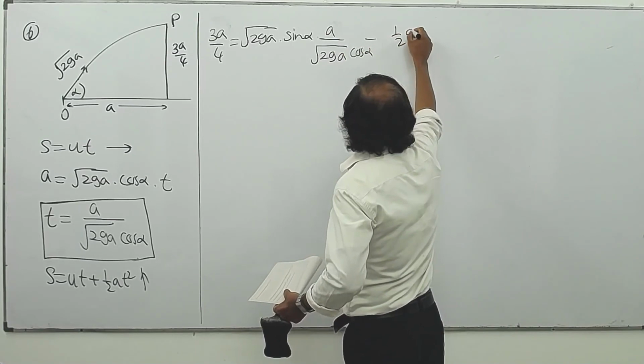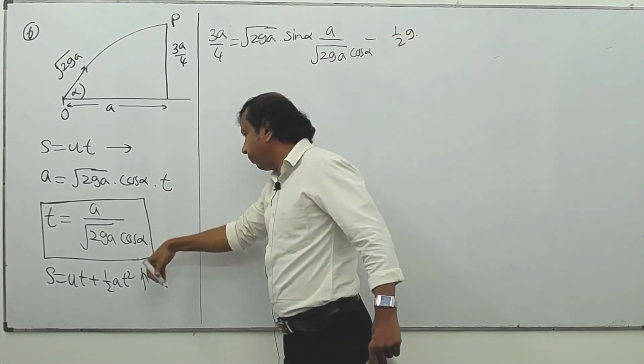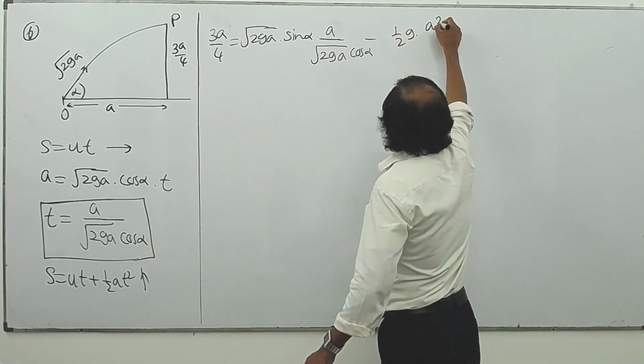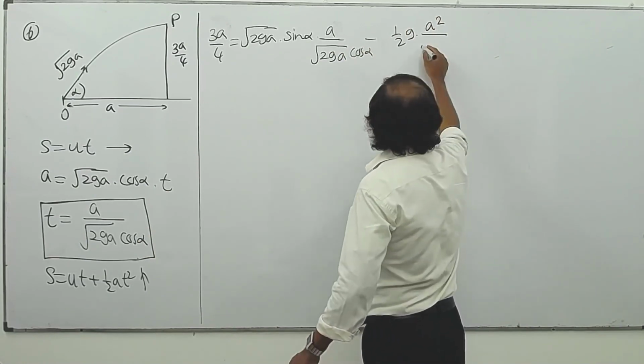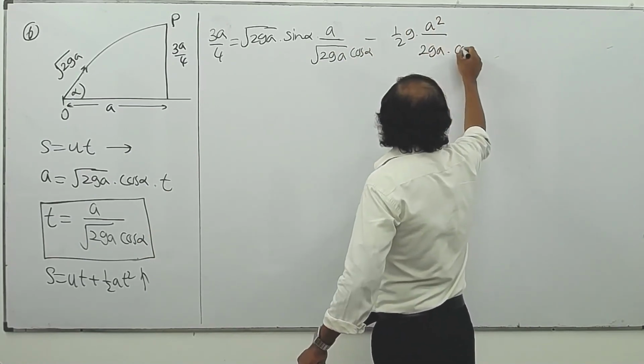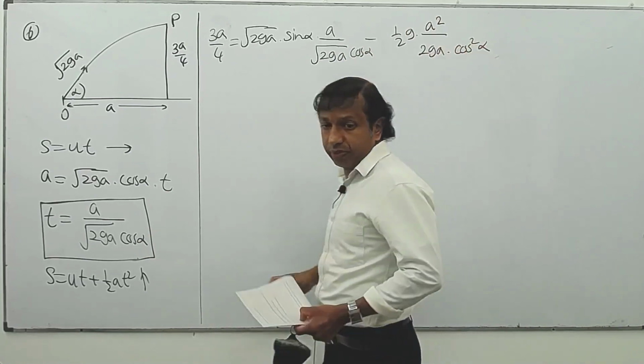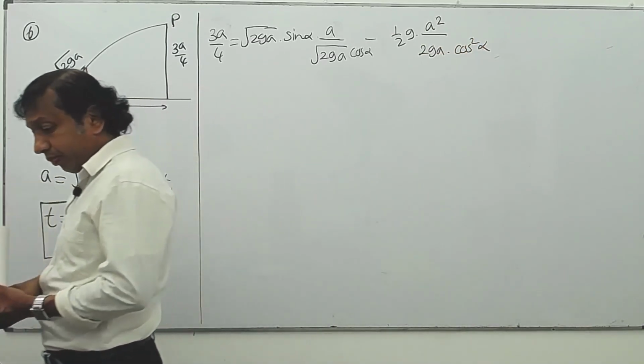Minus half g T squared. Square this and put that there. It is A squared over 2ga cos squared alpha. Right, no?